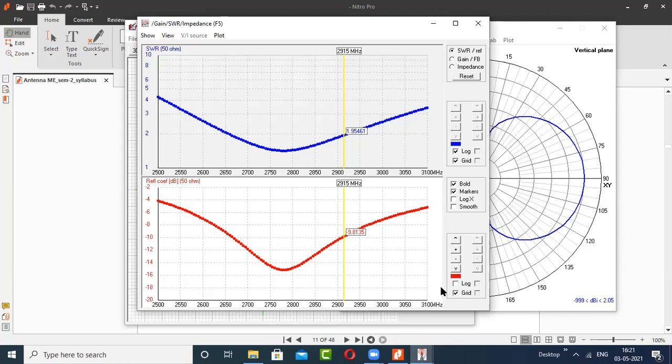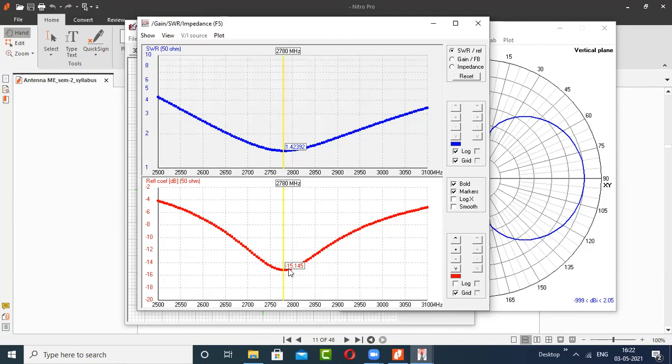So you have to know the center frequency as well. Center frequency means, here you can say that the response is having the minimum reflection coefficient. The highest value is at the mid of the graph.